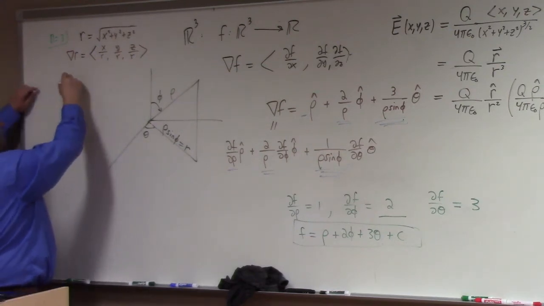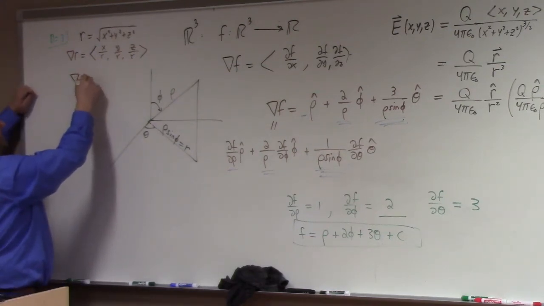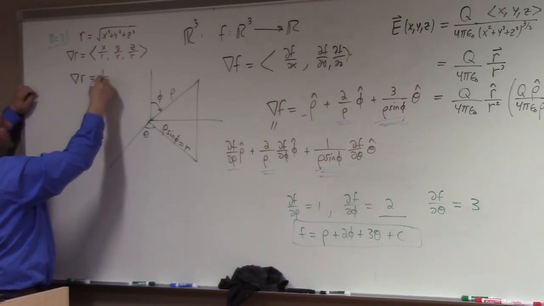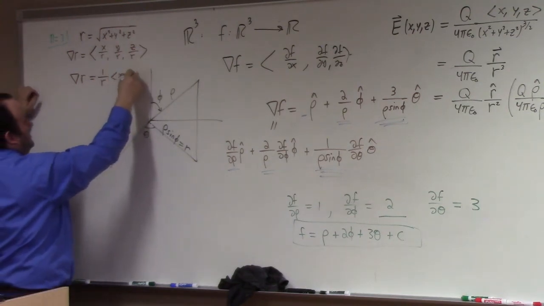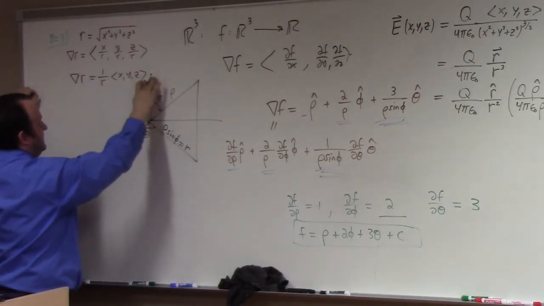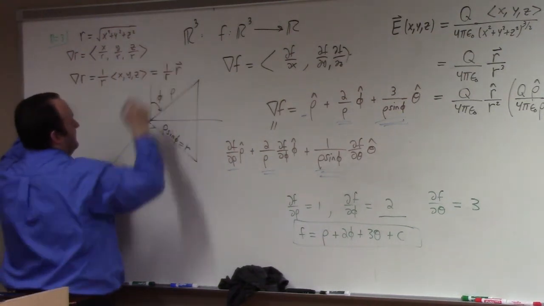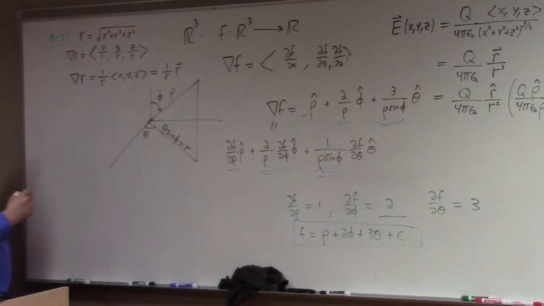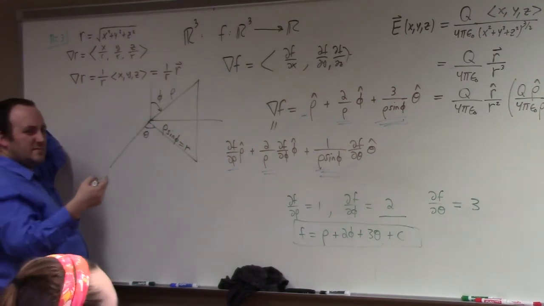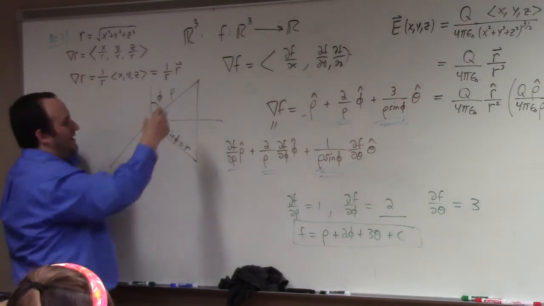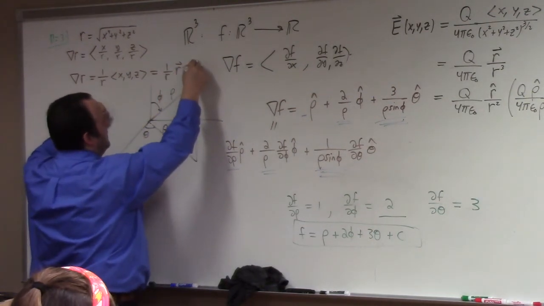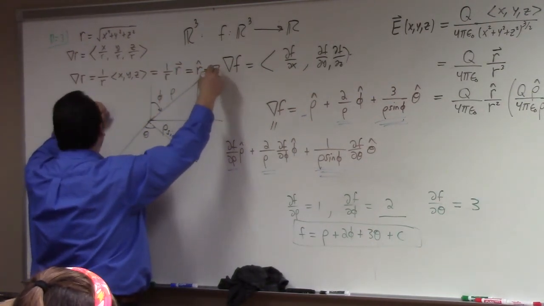So the gradient of r is actually 1 over r times x, y, z. And in this problem, I suggest that be denoted r vector. So we've got 1 over r times r vector. That's also known as r hat, right? So let's put that in the bank.